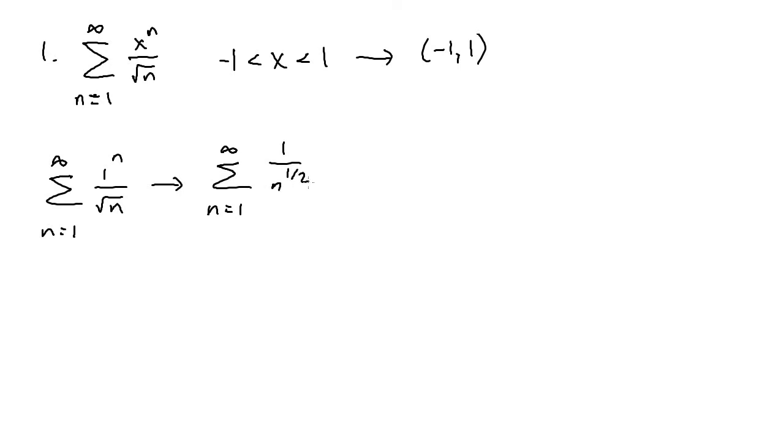And now this looks like a p-test. The exponent p is 1/2, which is less than or equal to 1, so we know the series will diverge by the p-test.